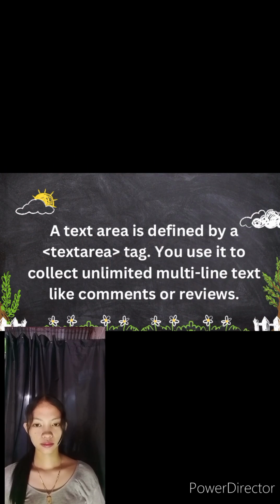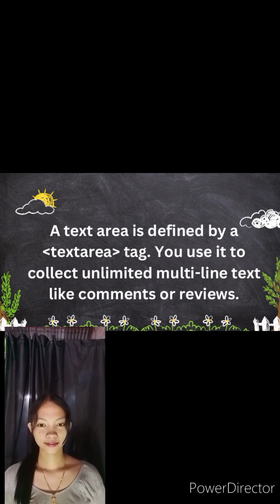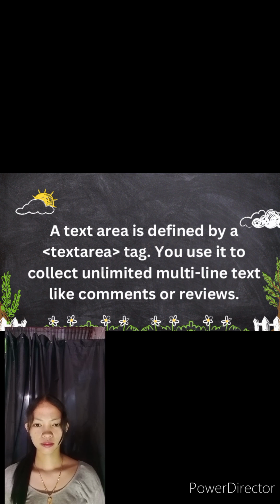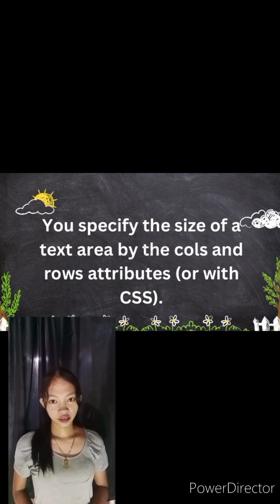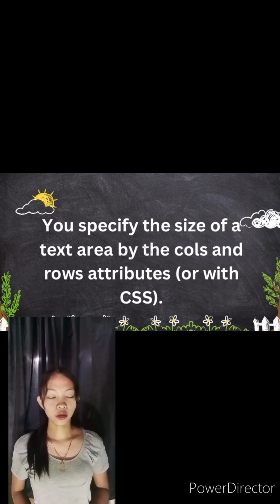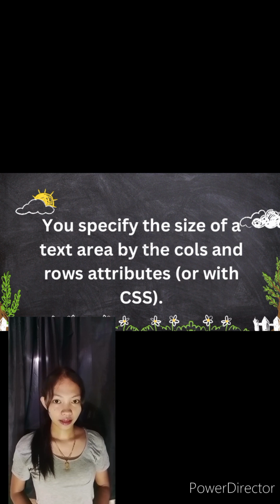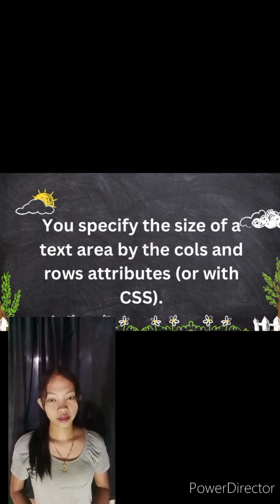A text area is defined by the textarea tag, and you use it to collect unlimited multi-line text like comments or reviews. You specify the size of the text area by the cols and rows attributes or with CSS. So the text area is mostly used as a multi-line text field because it can be expanded and you can write words limitlessly.